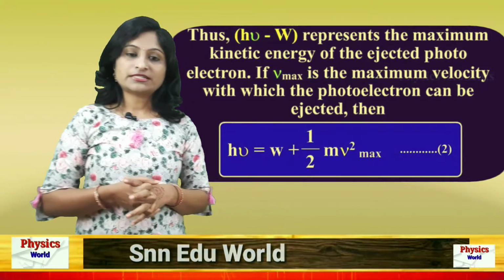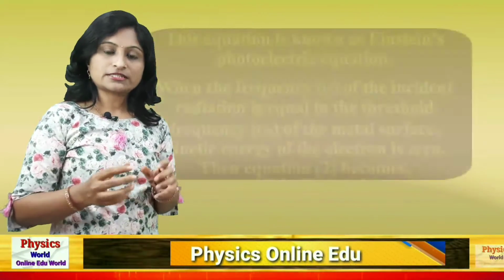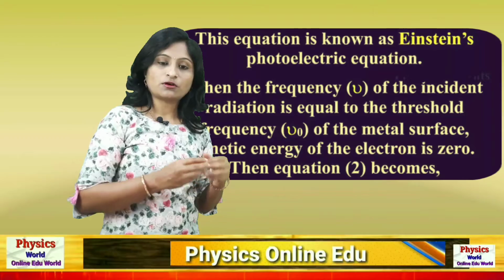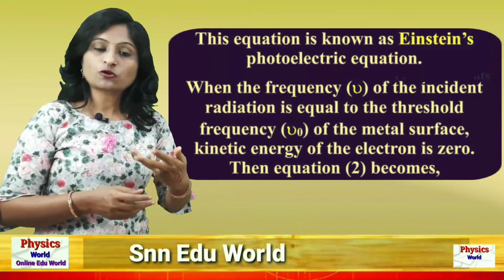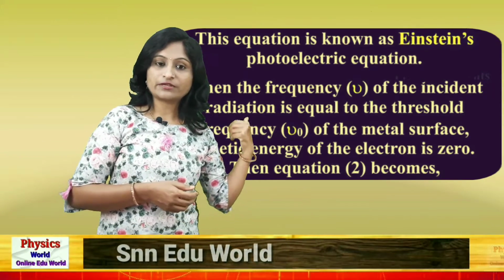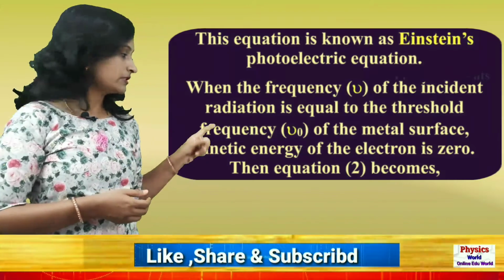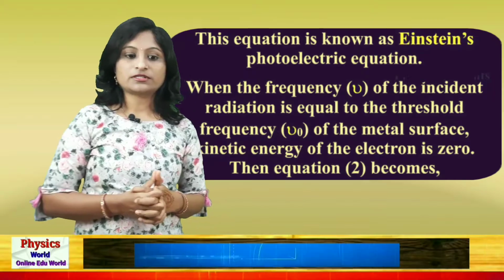This equation is known as Einstein's photoelectric equation. This is the first concept he gave and the first form of the equation. There are various ways to represent this equation, and we will see them.